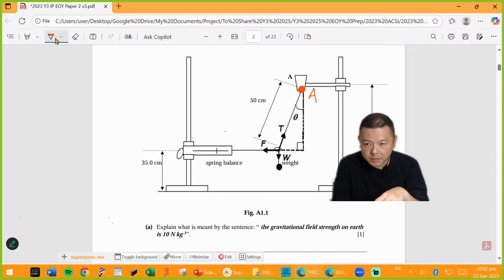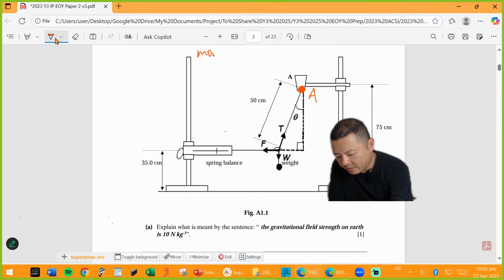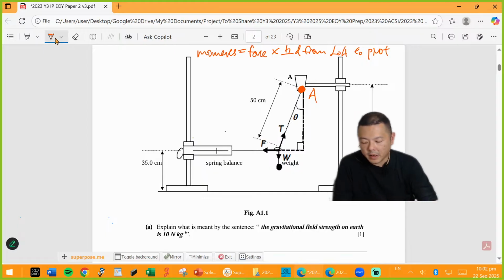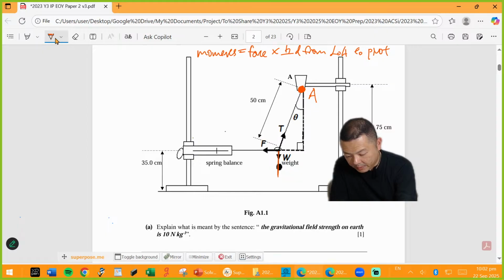Whenever you're doing moments, one more time from just now, moments is force times perpendicular distance from line of action to pivot. So the weight is pointing down here. Do you see me drawing the arrow here?